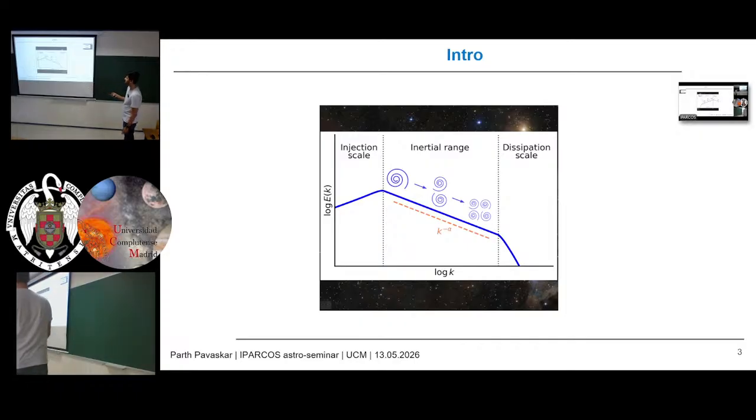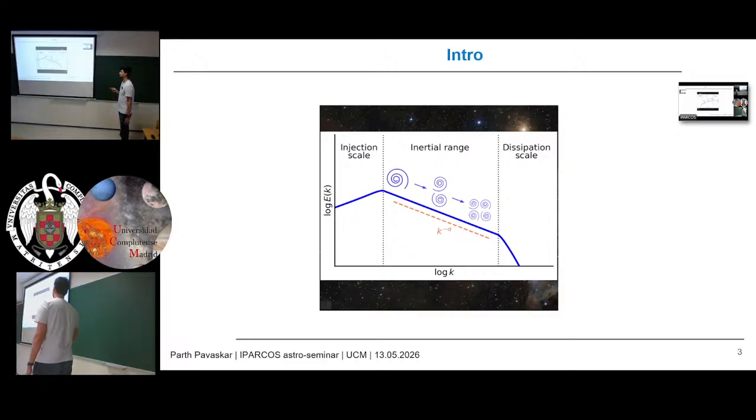The axis is inverse scale, so on the left side you have larger scales, and on the right side you have smaller scales. At some scale you have an injection of energy, then a self-similar cascade of energy to smaller scales, and then at some point the energy dissipates, as in it changes the physical description.